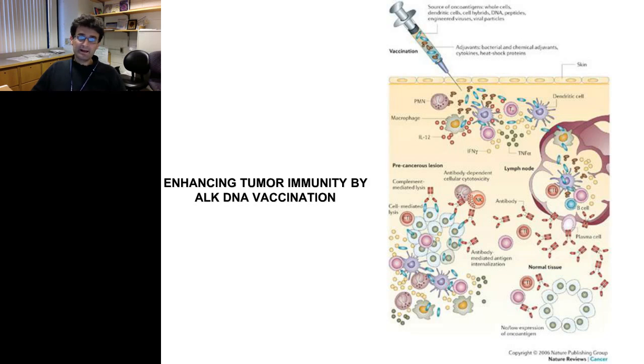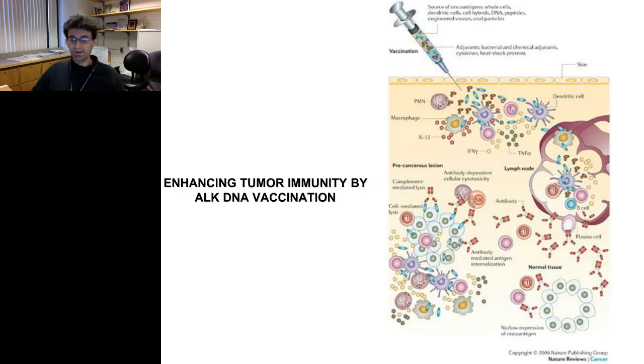So we decided to use as a first strategy an ALK DNA vaccination, in which we generated a DNA vaccine that encodes for the cytoplasmic portion of ALK, exactly the same portion that is translocated in all those fusions that I listed above. By this DNA vaccination, we can inject the DNA subcutaneously or intramuscularly in the mouse, and there will be an inflammatory reaction, and then this DNA will encode for the ALK protein.